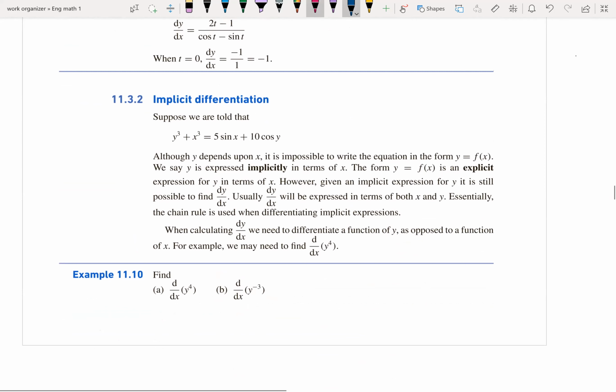In this case, it is impossible to write the equation in the form y equal to a function of x, which means here we cannot separate y and x. They cannot be separately written.